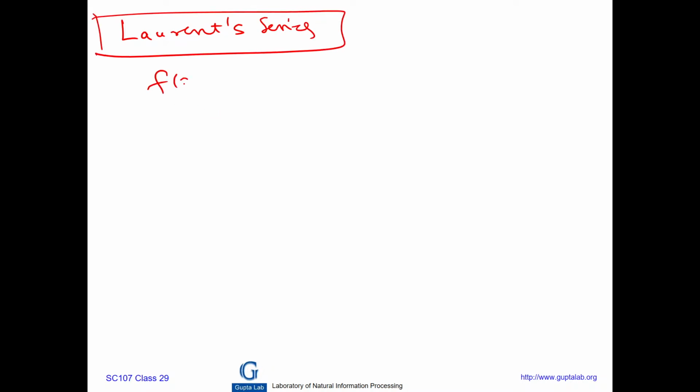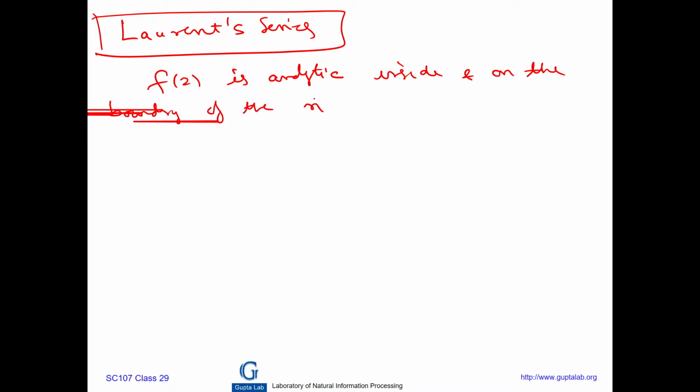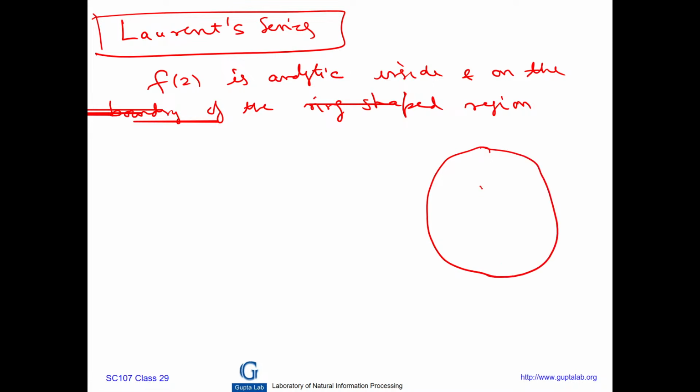So if f of z is analytic inside and on the boundary of the ring shaped region. Ring shaped means the rim of a well.